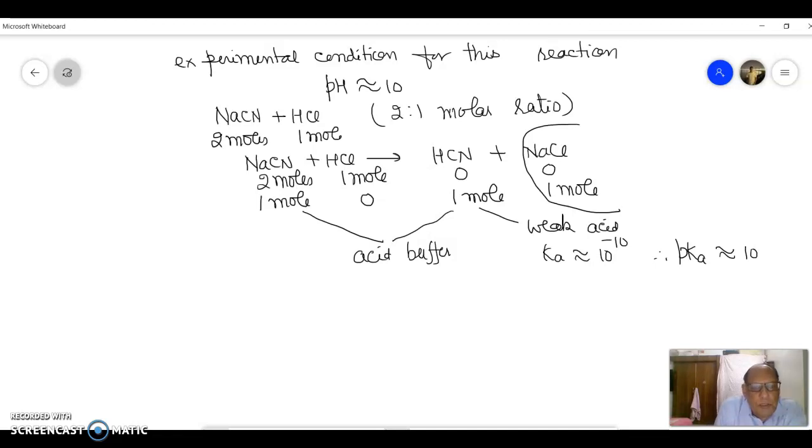The pH of this acid buffer solution can be calculated using the Henderson-Hasselbalch equation. According to that, pH equals pKa, that is 10.0, plus log salt upon acid. Salt is 1 mole, acid is 1 mole. Therefore, pH comes out to be 10 or nearly 10.